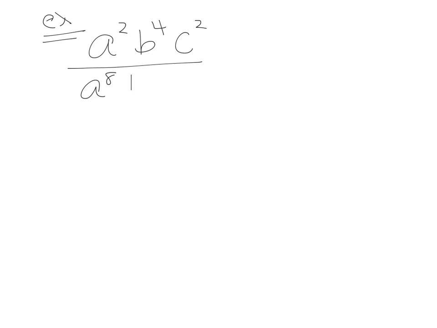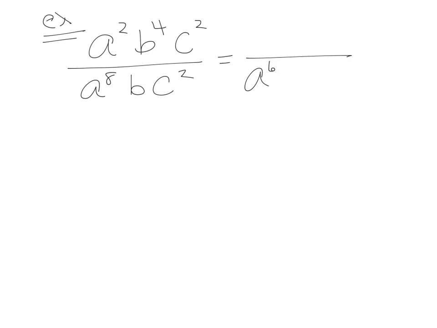So go ahead and try this problem before we add coefficients. Let's do a squared b to the 4th c squared over a to the 8th b c squared. Pause this video. When you finish, unpause. We'll go over it. A, where's it ending up? On the bottom.